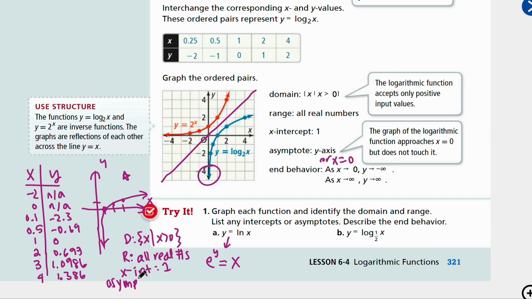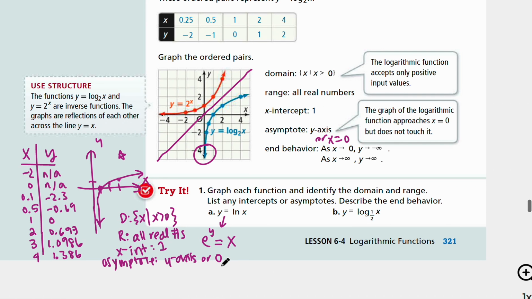The asymptote is the y-axis, or x equals 0. And then the end behavior: as x approaches 0, y approaches negative infinity. And as x approaches positive infinity, y approaches positive infinity as well. Okay, so that's part A.